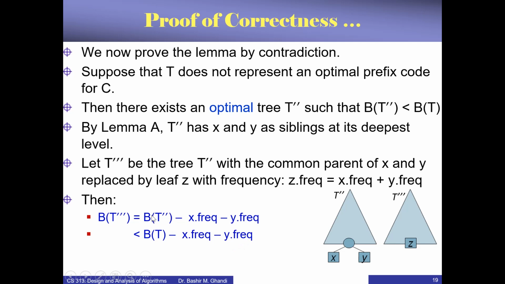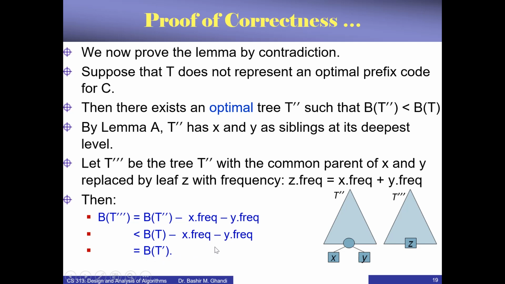Okay, if we replace a smaller value with bigger value, we should get something greater, right? So this is greater than that, right? Now, this is the issue, because from what we proved in the last slide, this is actually BT prime. BT minus freq of X minus freq of Y is actually the cost of T prime.